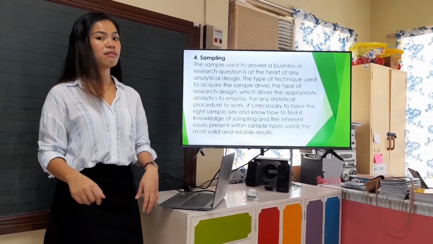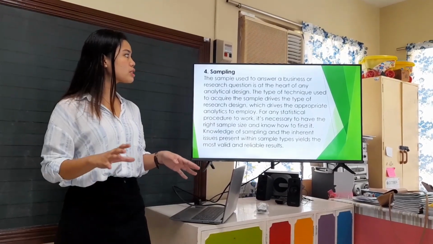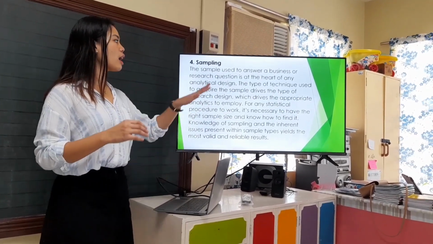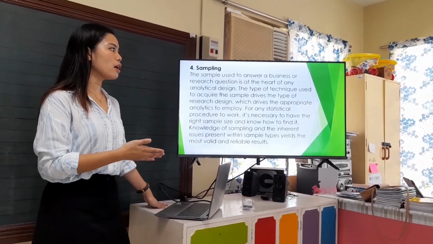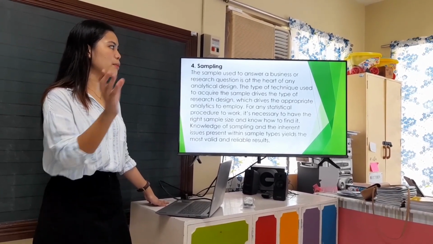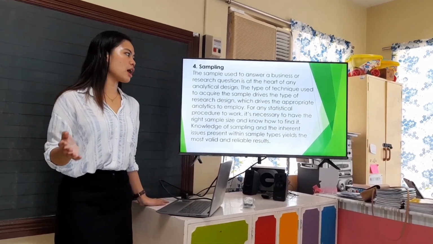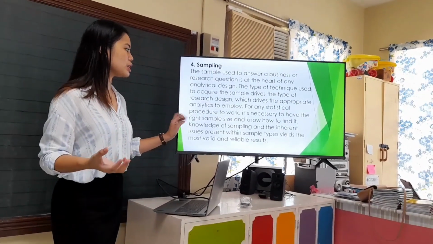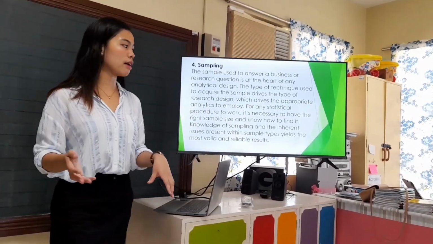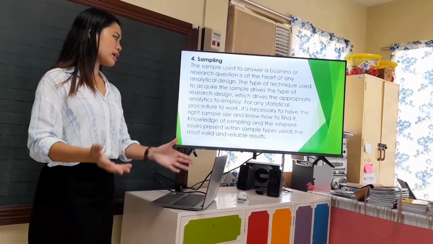Now, number 4, we have the sampling. So for the sampling, the sample used to answer business or research questions is at the heart of any analytical design. So the type of technique used to acquire the sample drives the type of research design, which drives the appropriate analytics to employ. For any statistical procedure to work, it's necessary to have the right sample size and know how to find it.